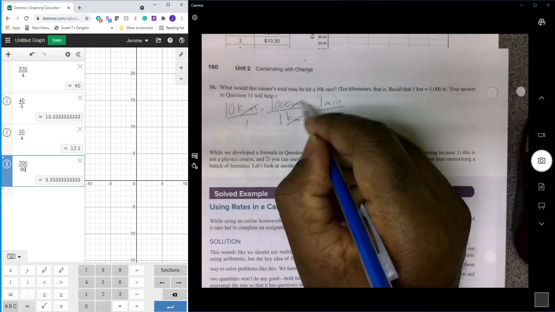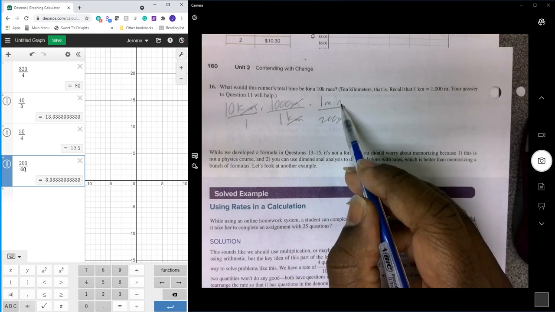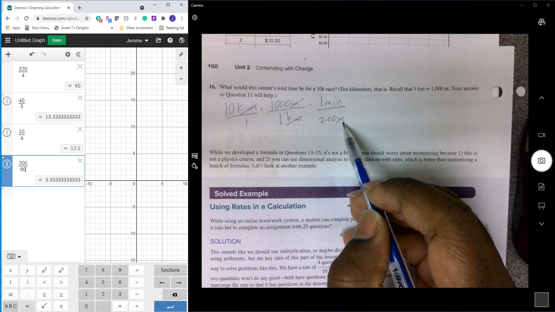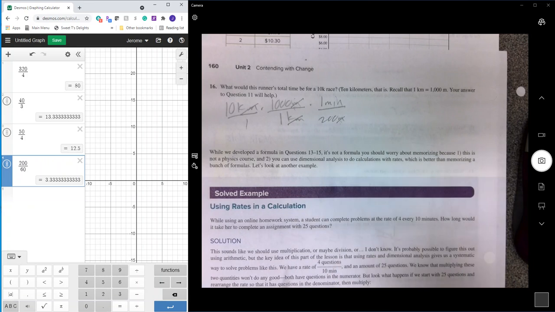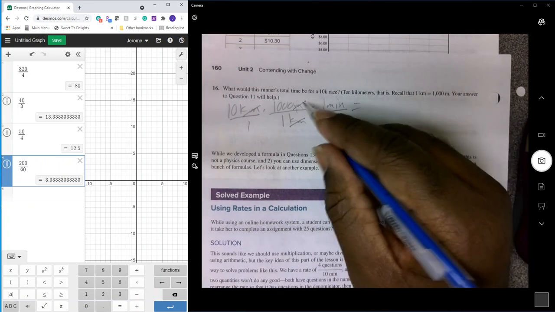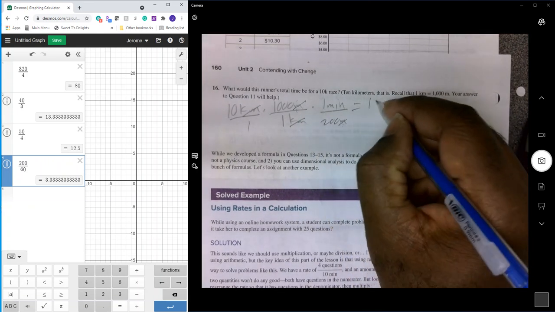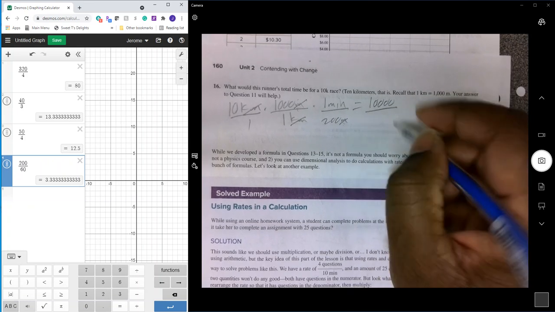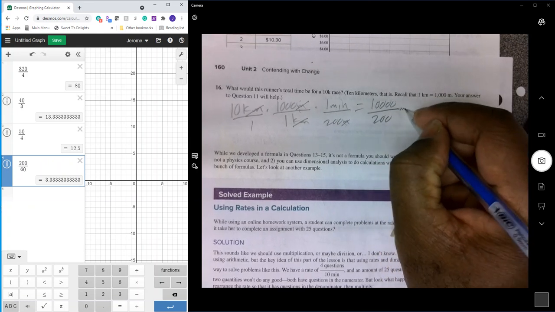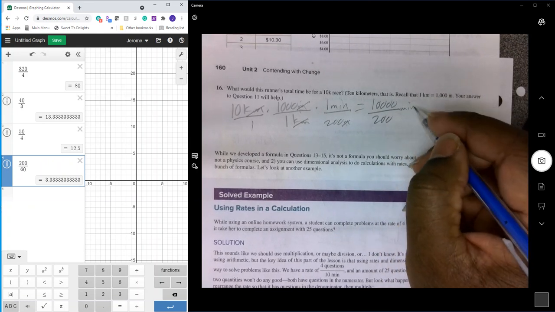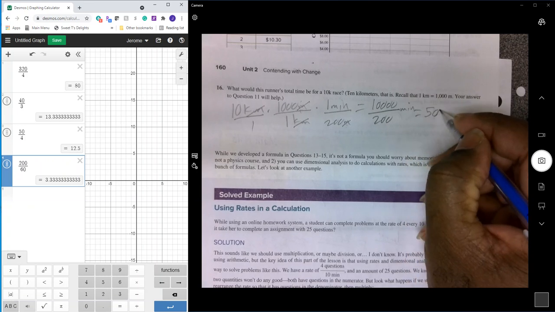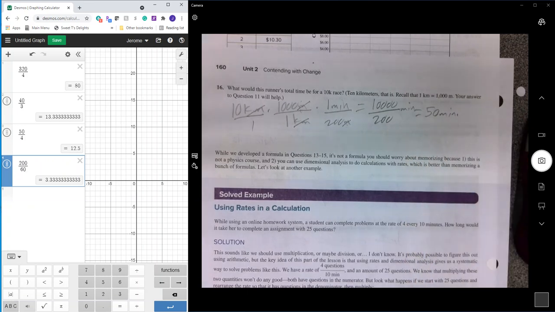So the kilometers will go, and then the meters will go. That is why we put minutes in our numerator and meters in our denominator, so those units will simplify out. Then here, we get 10,000 over 200 minutes. When you divide this out, it will leave you 50 minutes.